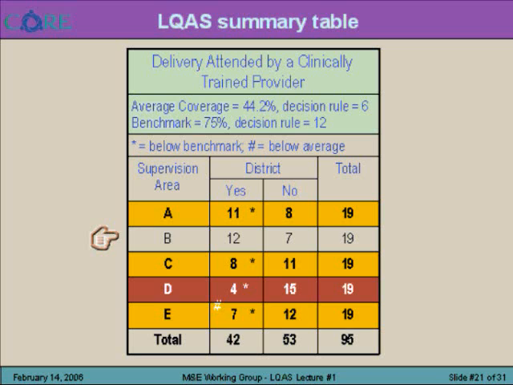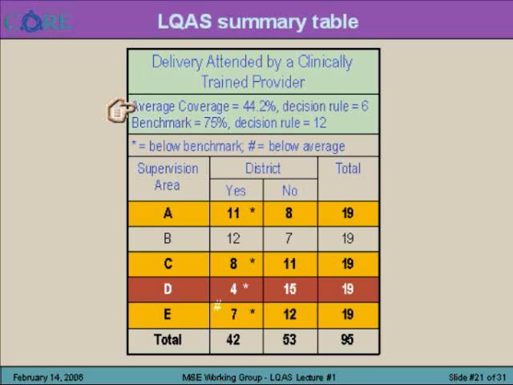As you can see from this example, we're looking at just one indicator for all supervision areas. And while we calculated an average coverage for the entire catchment area, that is the aggregation of all supervision areas, we did not calculate coverage rates for individual supervision areas.